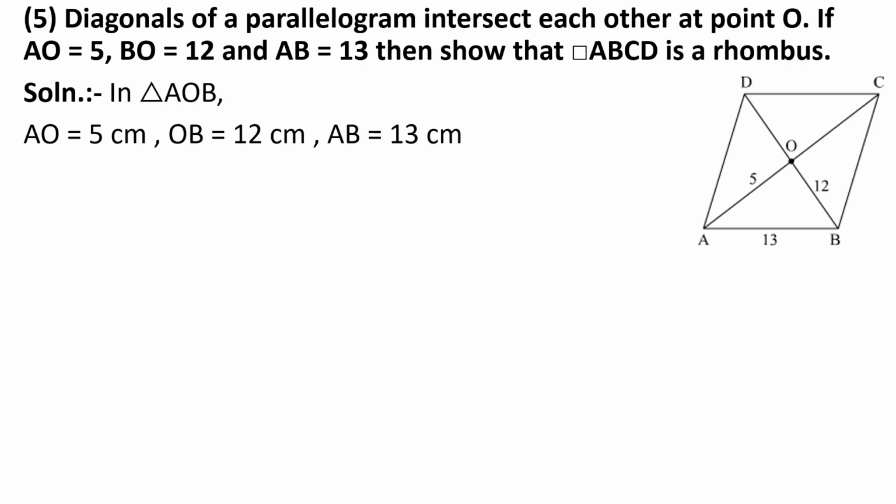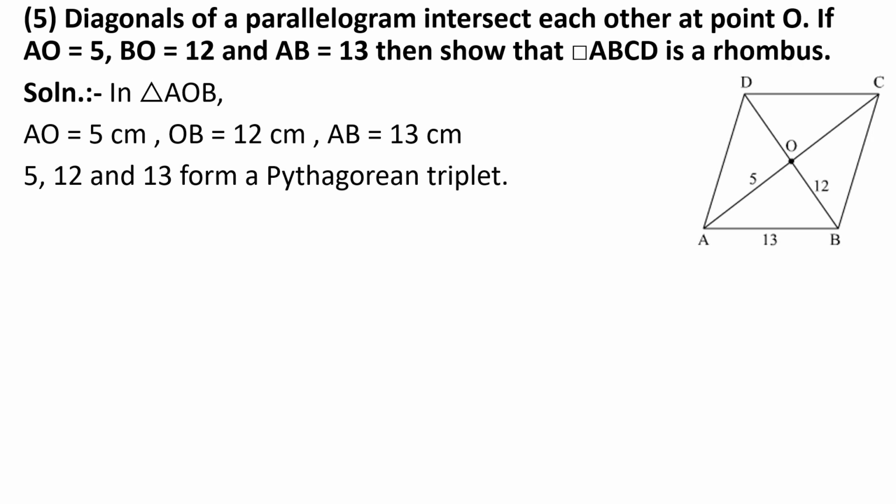So let us start. In triangle AOB, AO is given, that is 5, OB is given, that is 12, and AB is given, that is 13 centimeters. So 5, 12 and 13 form a Pythagorean triplet. What is a Pythagorean triplet? In a triangle, if the square of the bigger side is equal to the sum of the squares of the remaining two sides, then the given triangle is a right angle triangle.